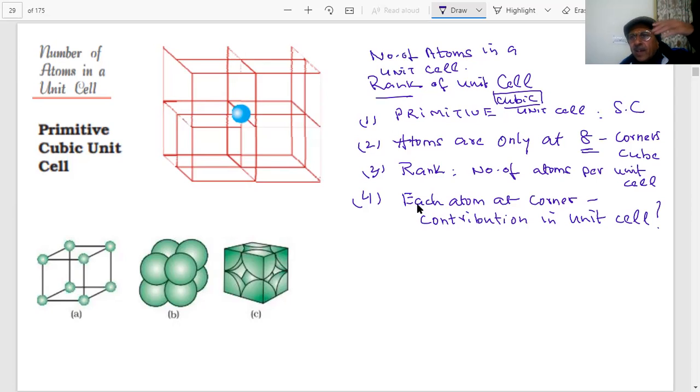When you build a crystal structure, students, there will be layers of the unit cells. For example, this is one unit cell. This is the atom.